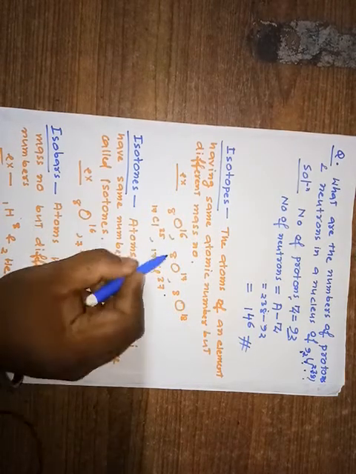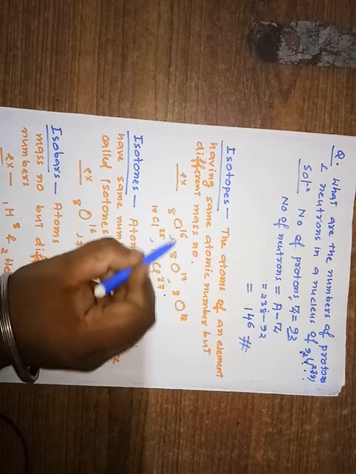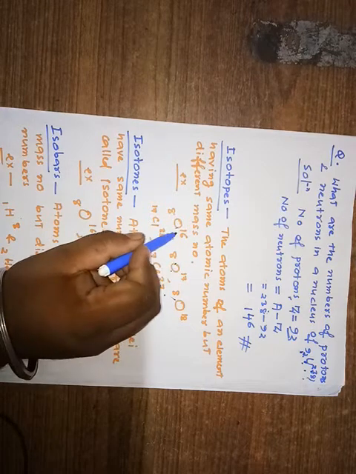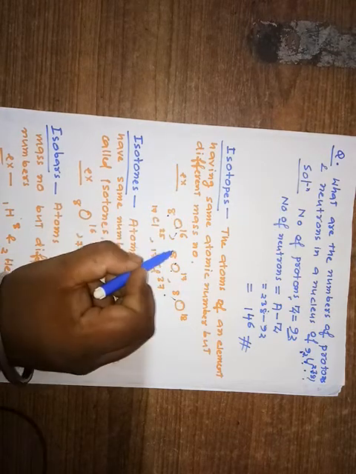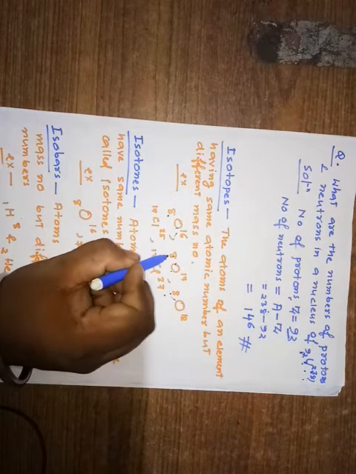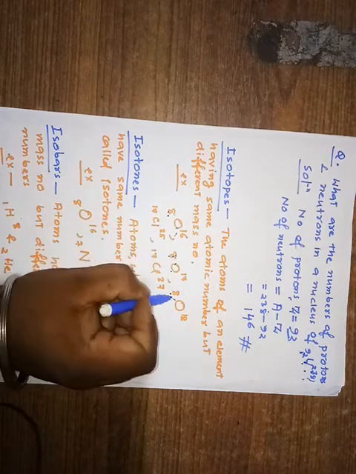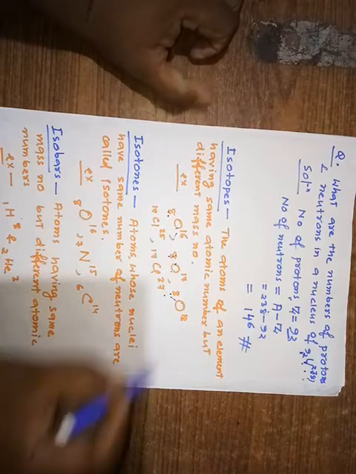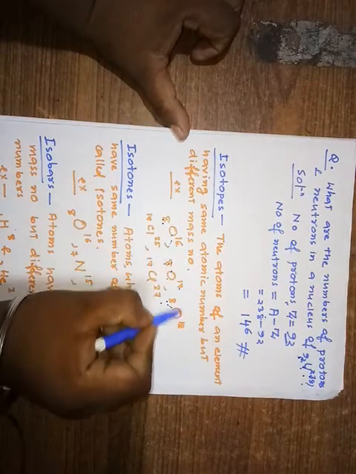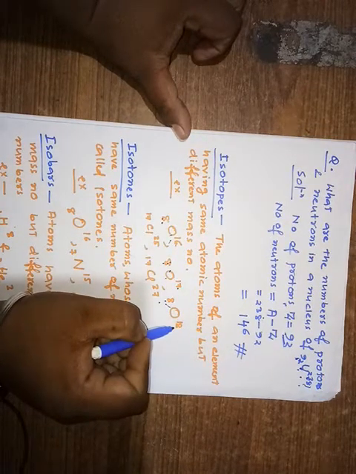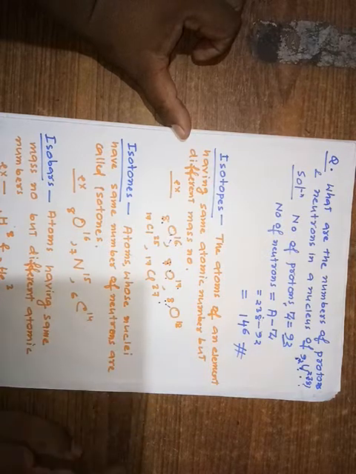How can we say that these three are isotopes of oxygen? Because each of the nuclei has the same number of protons, or the same atomic number, but the difference we have in them is in the mass number.